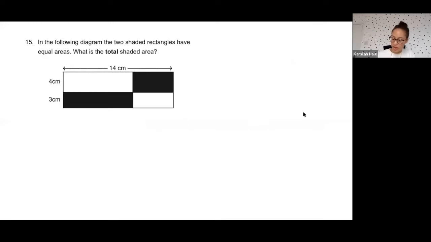So, if I called this distance here W, if I knew what W was, how would I work out this distance, this length?